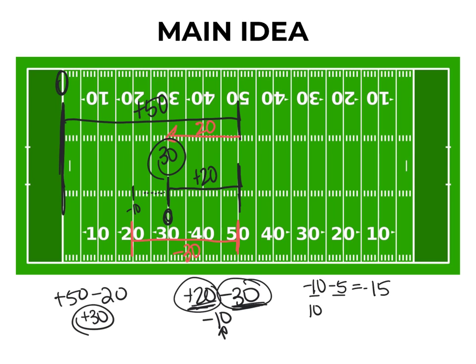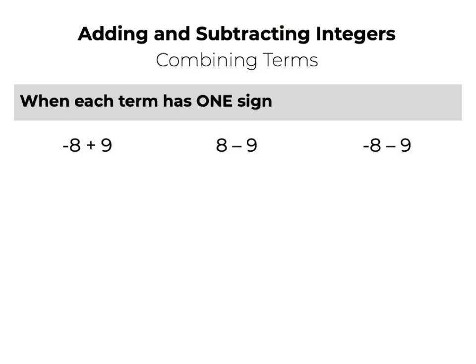Or maybe it's just 10 plus 5. Add both of the values and keep the positive sign. But when the signs are different, negative 10, positive 5, we're actually subtracting the 10 and 5 and keeping the sign of the larger number.